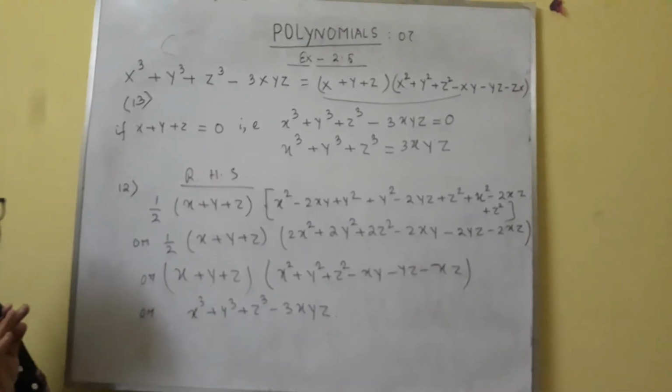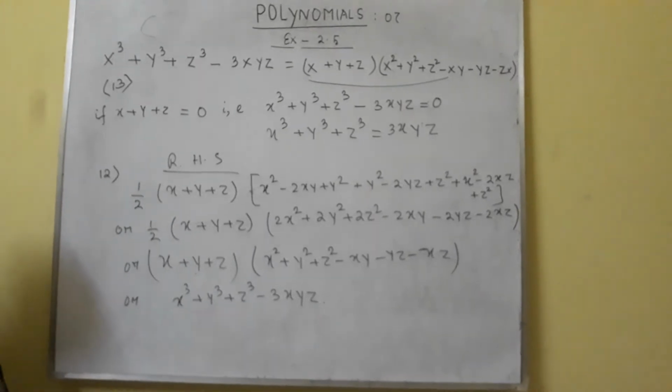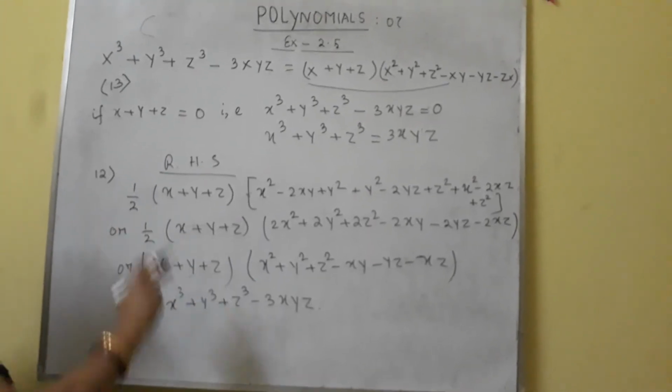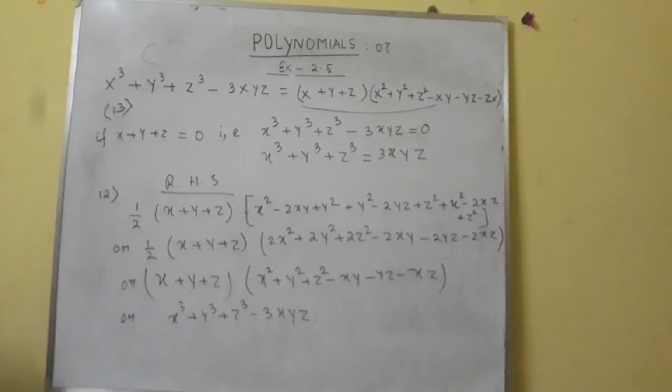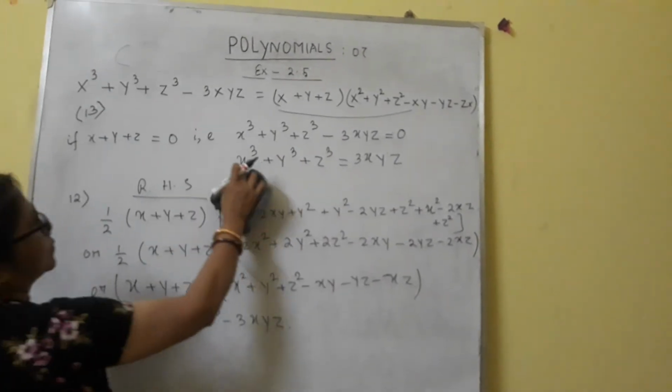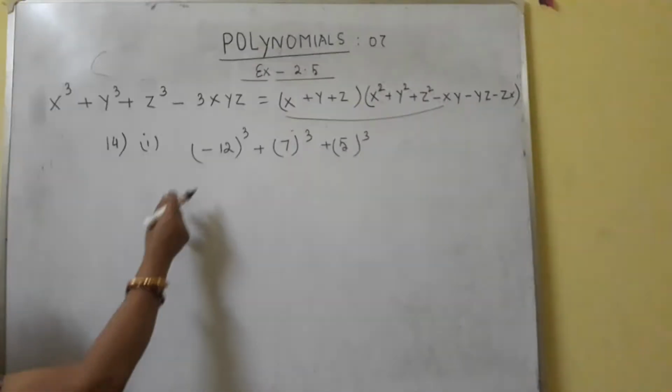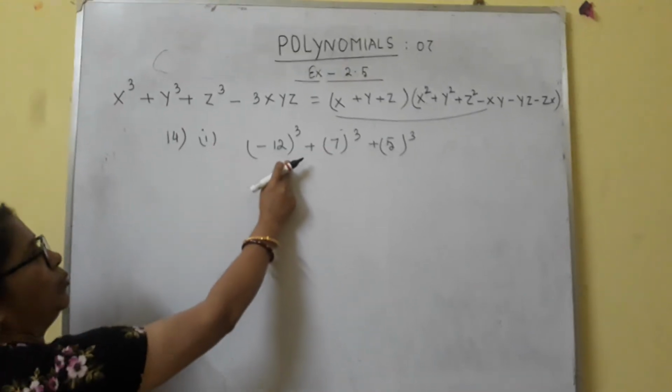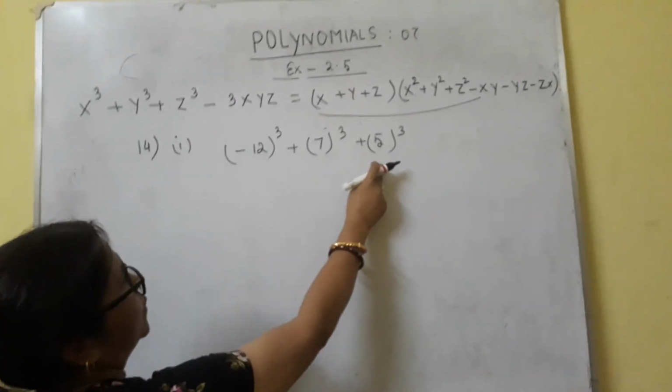It means we will not find the cube of the terms, but we will use this identity. How will you do it? I am showing you.